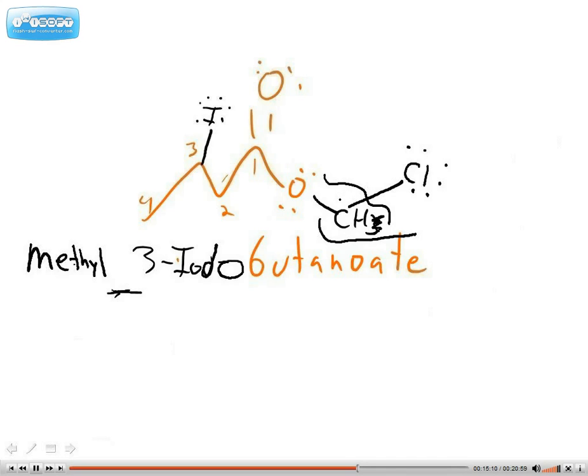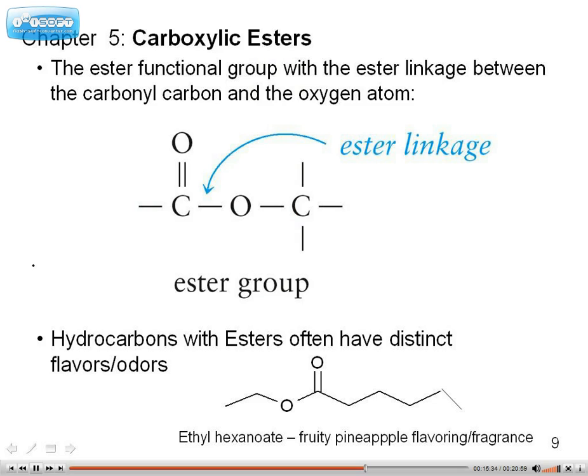So the carbon closest to the alcohol oxygen is going to be labeled 1. So I know I'm running out of room here, so this would be a 1-chloro, that should be in front, methyl 3-iodo-butanoate. So getting kind of messy now, but this now gives you insight into how we name this.